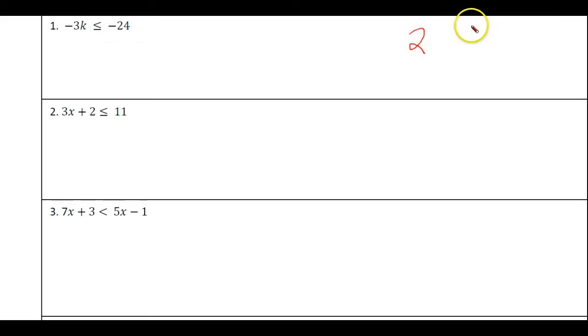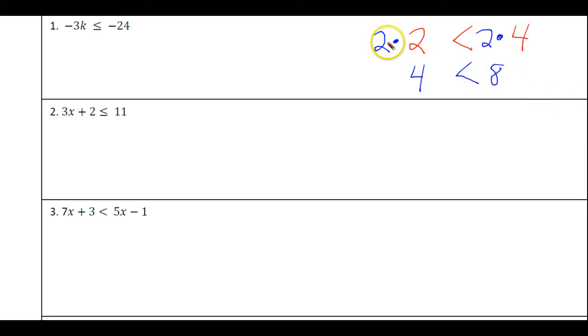If 2 is less than 4, that is a true statement. And if we multiply each side by 2, we then get 4 is less than 8, and that is true.